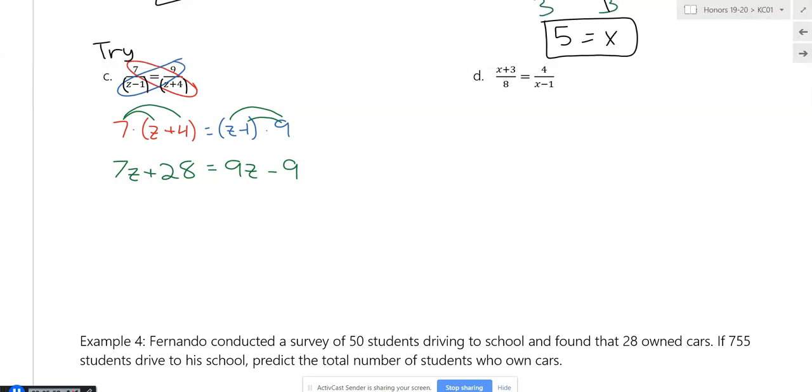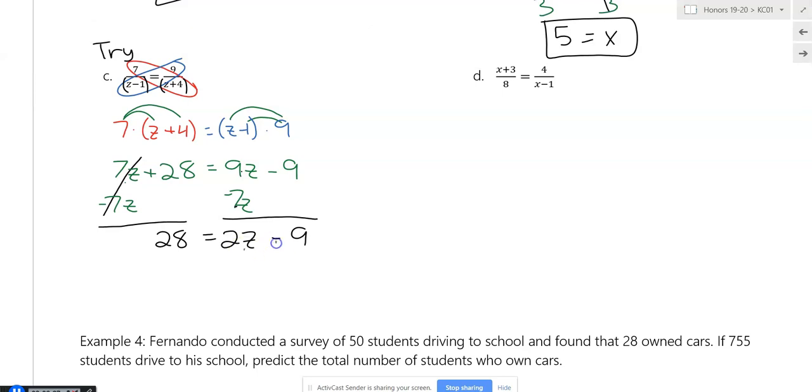All right, now here, again, I have z's on both sides, so I need to get rid of one. I'm going to choose to get rid of my 7z just because it's a smaller number. Again, it does not matter. Those cancel. I'm left with 28. 9z minus 7z is 2z minus 9.